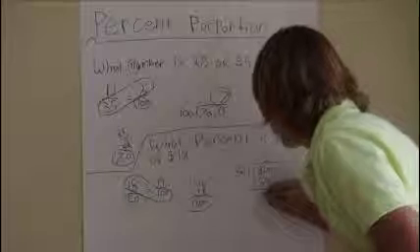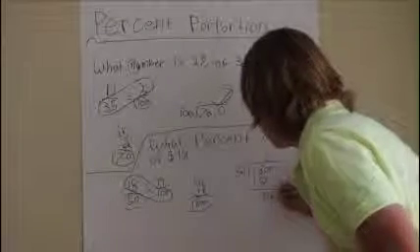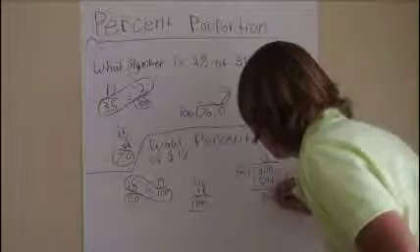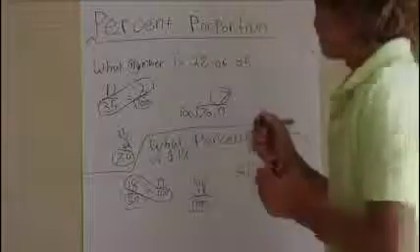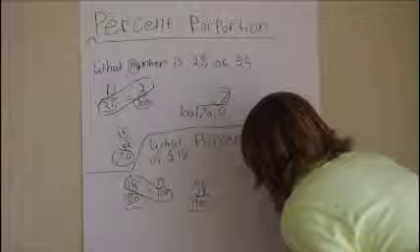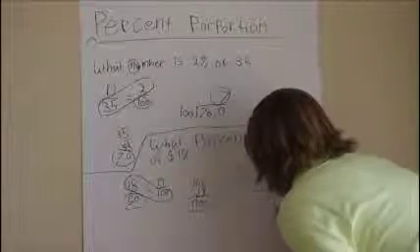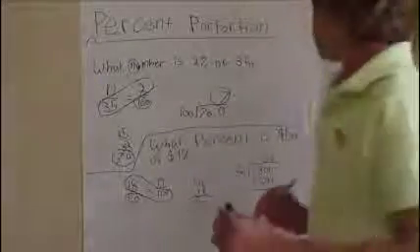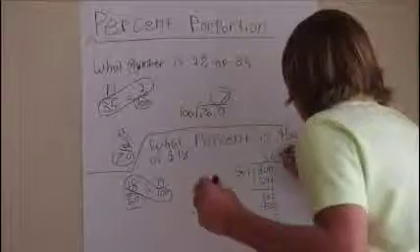Subtract that, get 30, take down the 0, then you do 6 right here, get the 300, and then you're done. So the answer would be 36%.